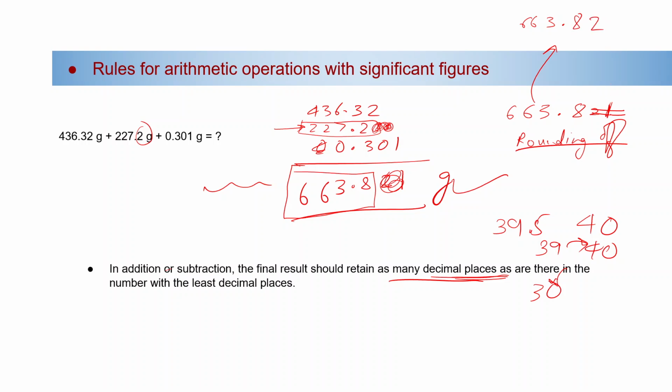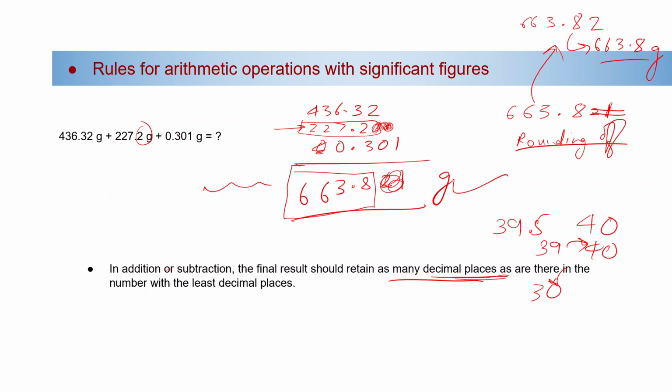If it's more than 5, then it will increase the value of 2 to 3. So here it will remain 2. Now, if I'm again rounding it off, like here I have to round it off to the first decimal place, right? So I further round it off. And because this is 2, this will remain 8, and thus my final answer will remain this gram.